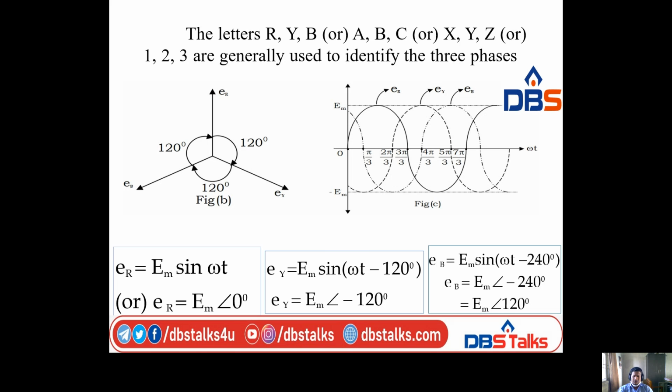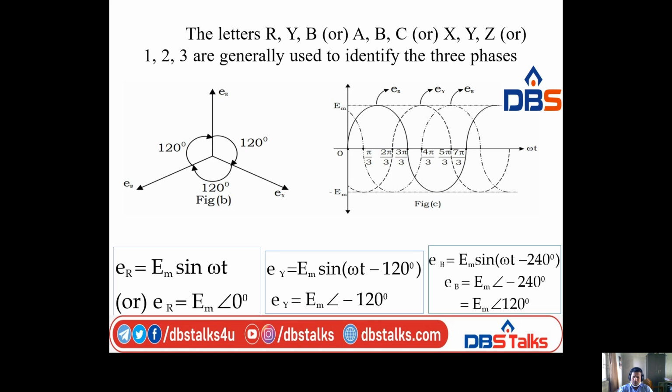Again, from EY, 120 degrees later, EB starts. Otherwise, from ER, 120 plus 120 is 240 degrees, and EB will start. So from 0 to 240 degrees, which is 4 pi by 3, at this point EB will start.